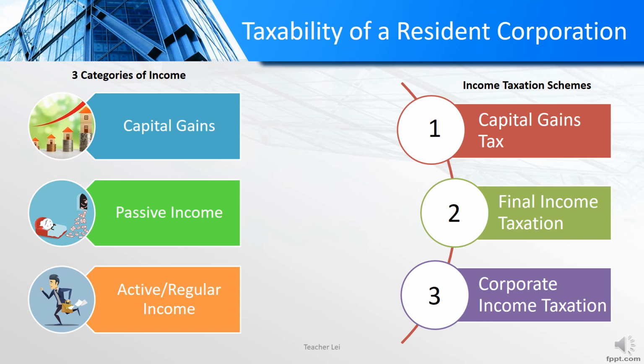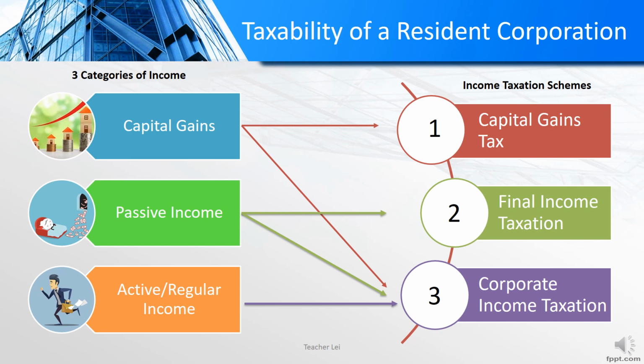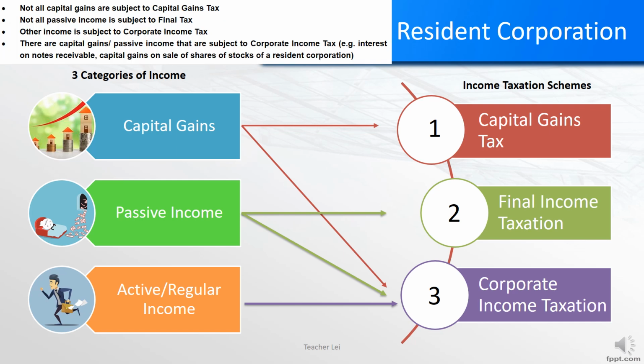There are capital gains that are subject to capital gains tax, while other capital gains are subject to corporate income taxation. Also, with passive income, there are some passive income that are subject to final income taxation scheme, and others are subject to corporate income taxation, while the active or regular income is subject to corporate income taxation.